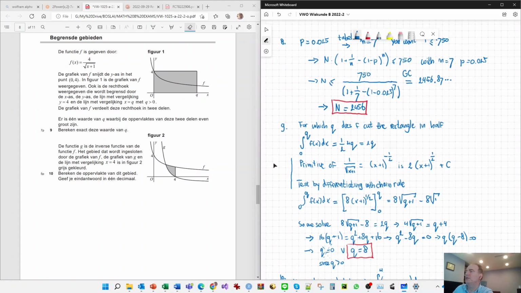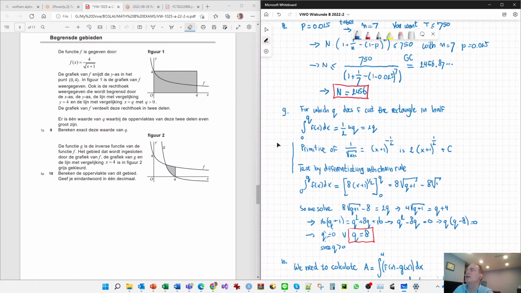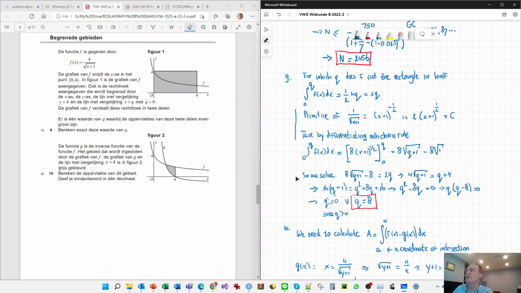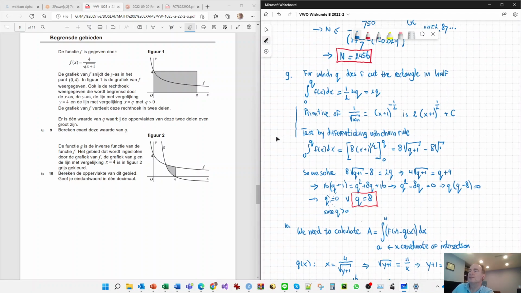So we have a function f given by that expression. It's intersecting with the y-axis in (0, 4). It gives a rectangle here.